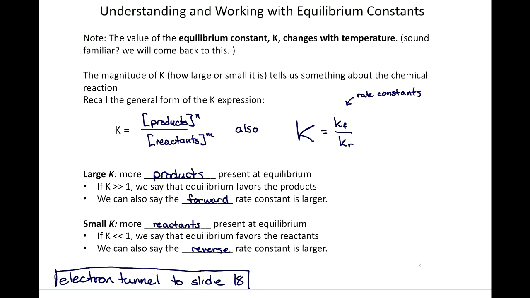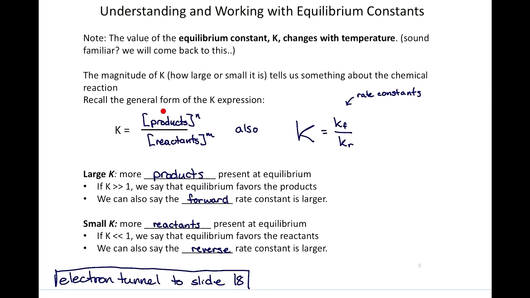So same idea here, a big equilibrium constant. You can tell by the expression that the equilibrium constant tends to be products over reactants. If K is a big number, you typically have a lot of products present at equilibrium, right? Because in mathematics with fractions, if you put a big number in your numerator, a big number comes out.